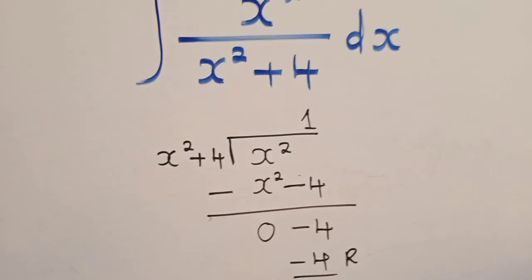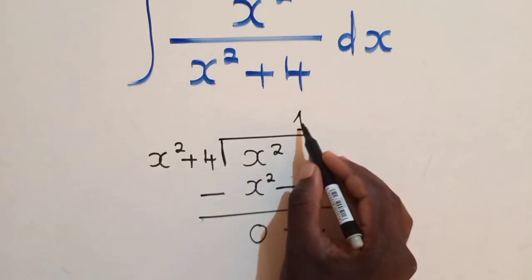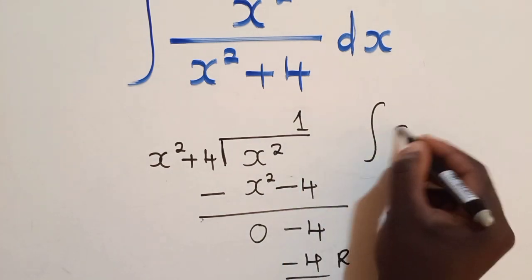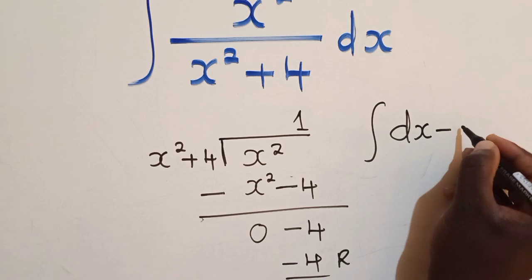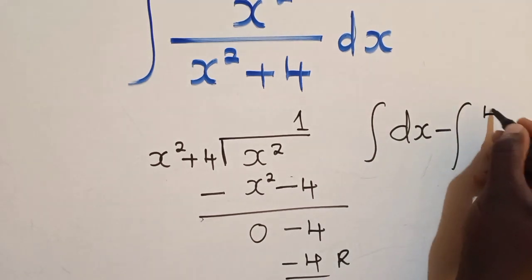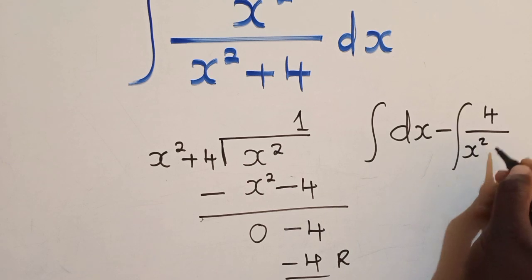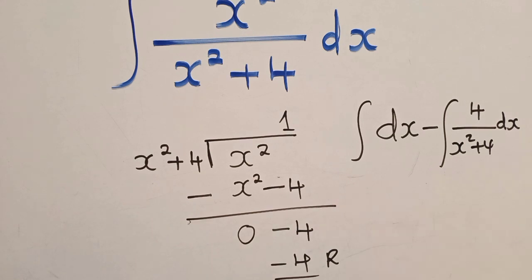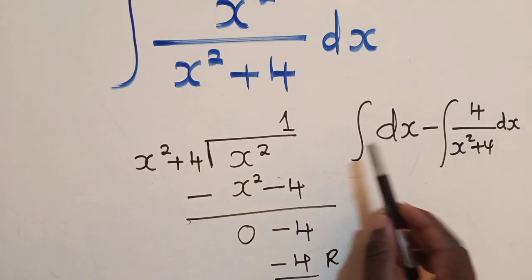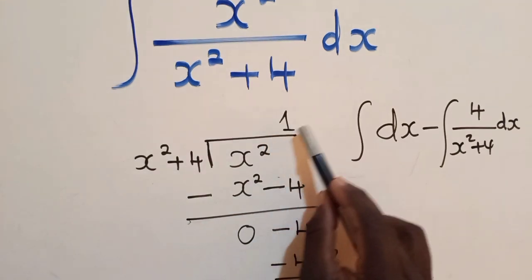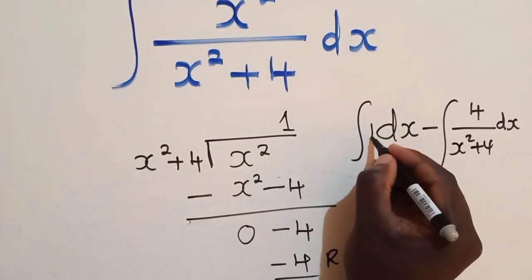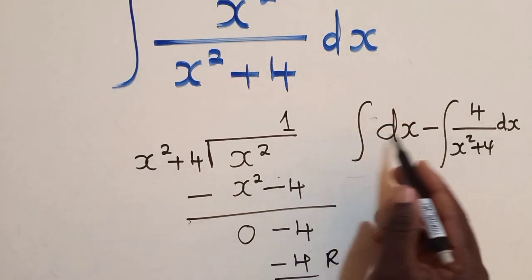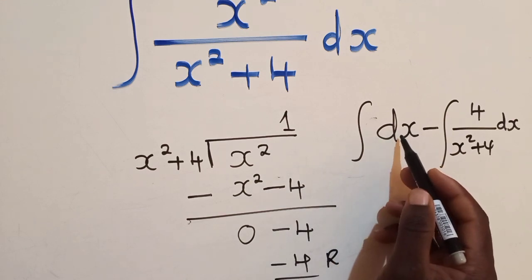So now what we're going to do next is to say integral of 1, which is just dx, minus integral of 4 over x power 2 plus 4 dx. Hopefully you've seen what has happened. What you normally do here is take whatever answer is on top and integrate it. There is a 1 here, and 1 dx is the same as dx. So the integral of 1 dx is the same as the integral of dx.